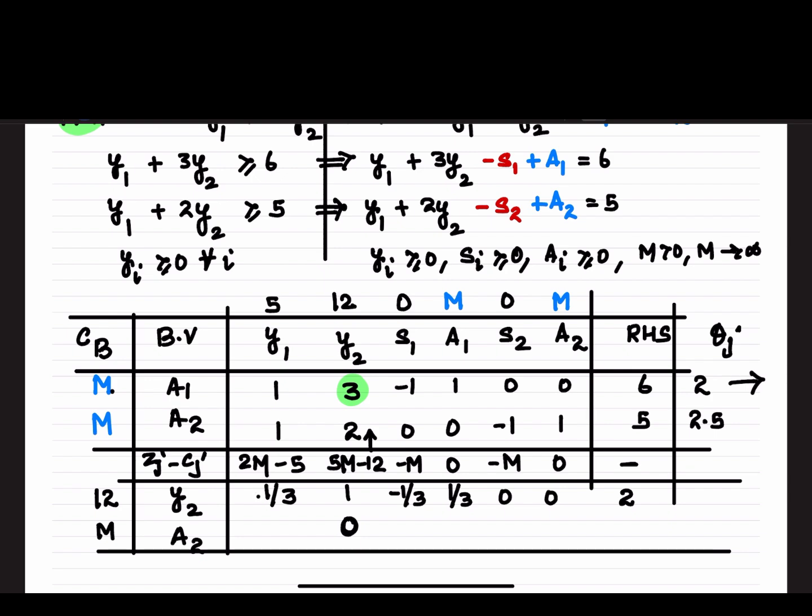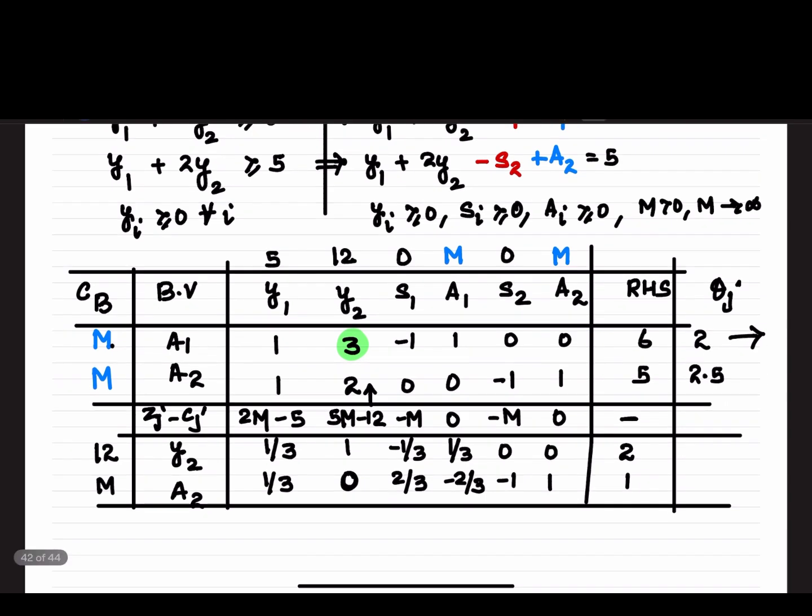So -2 into 1/3 is -2/3. -2/3 plus 1, 1 minus 2/3 is again 1/3. -2 into -1/3 is 2/3. 2/3 plus 0 is 2/3. -2/3 plus 0 is -2/3. This is -1. This is 1. -2 into 2 is -4. -4 plus 5 is 1.